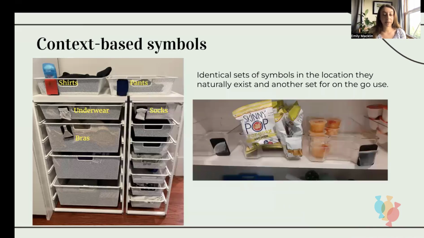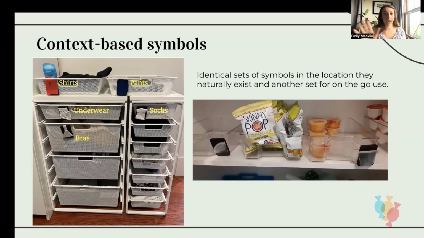Context-based symbols: here's where her clothing is. I've labeled just with a word what those tangible symbols are, where the different articles of clothing are stored, and they're placed in shirts and pants so she can be more independent with her dressing routine. For the context-based symbols, we want an identical set in the actual location they naturally exist.